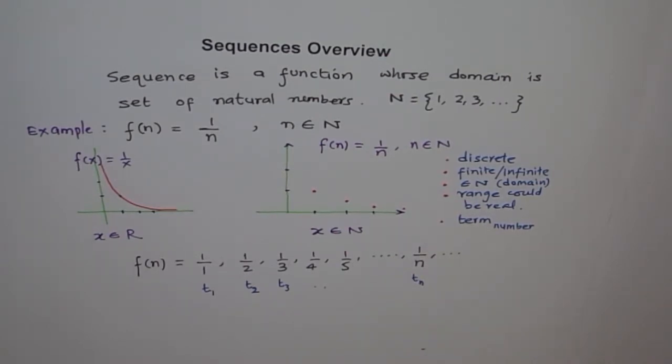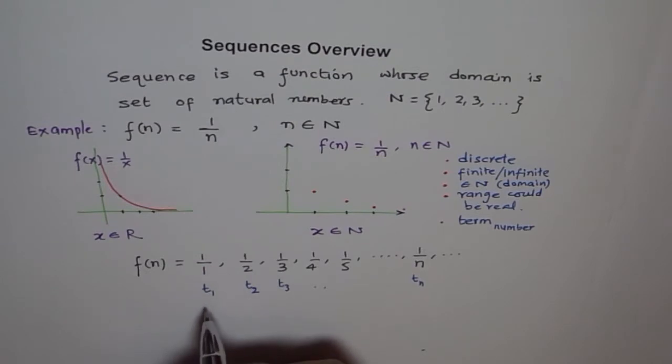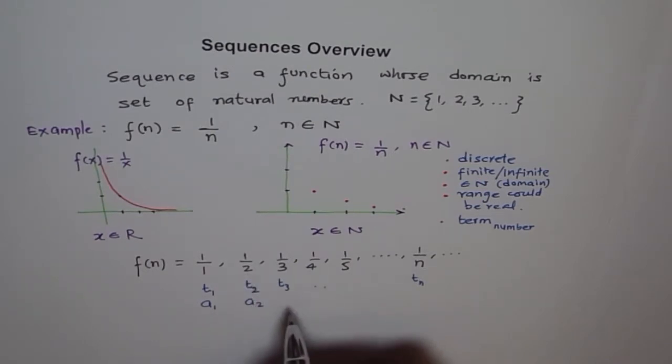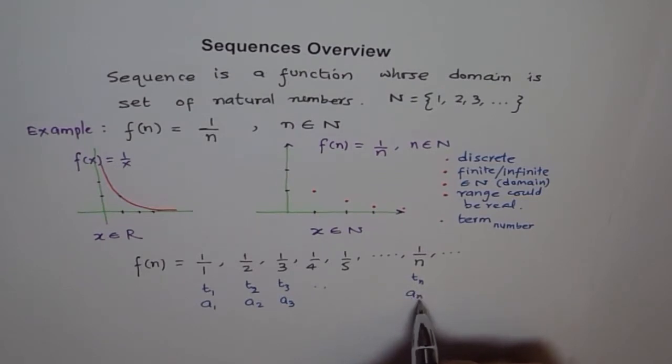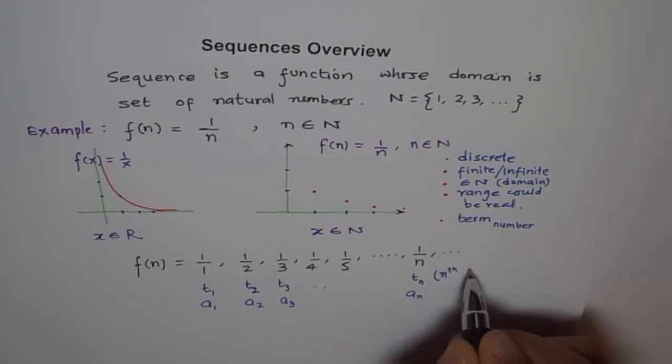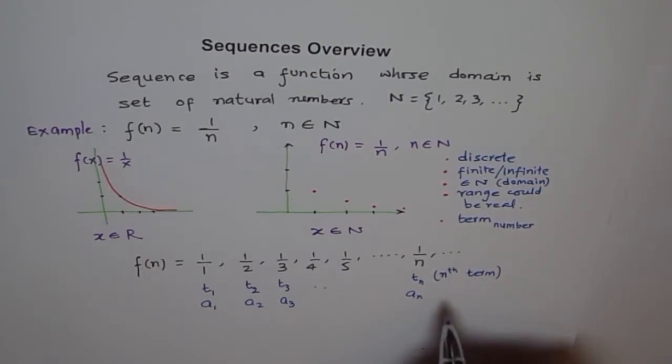T specifies term. Sometimes we could also write these term numbers with the letter A. So A1 means first term and A2 will mean second term. It depends; different books use different nomenclature, and An will mean nth term. So here Tn means nth term. The same is the case for An. It means nth term.